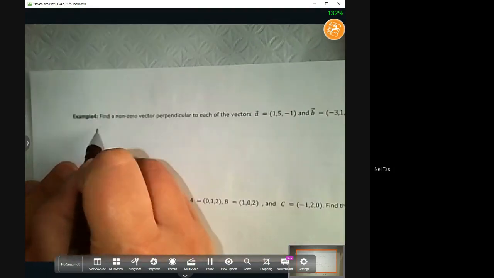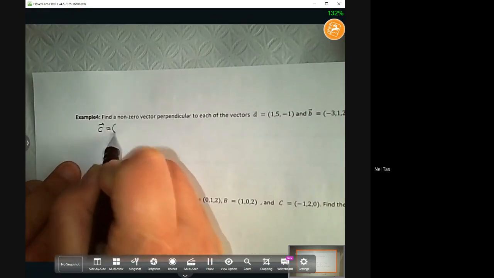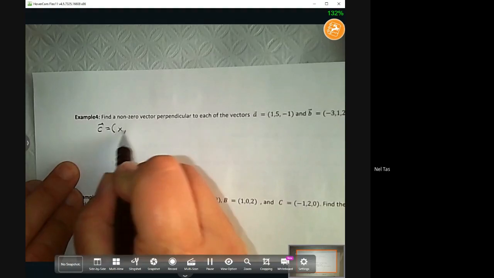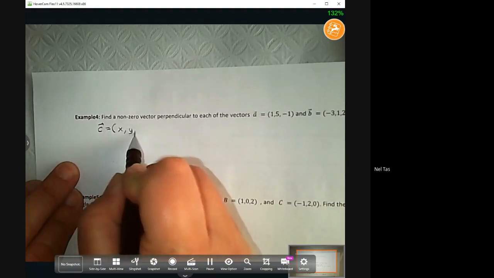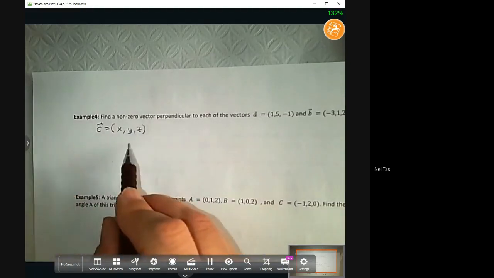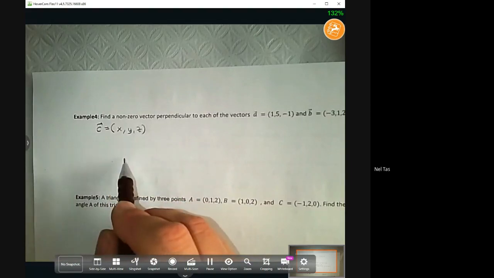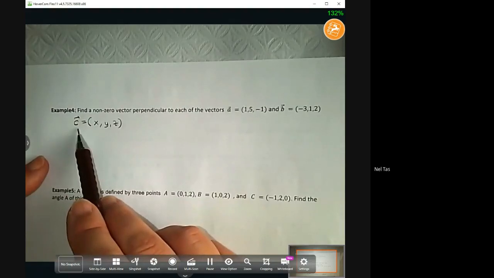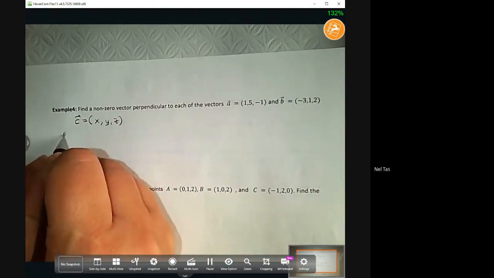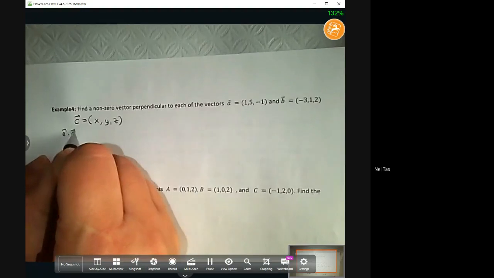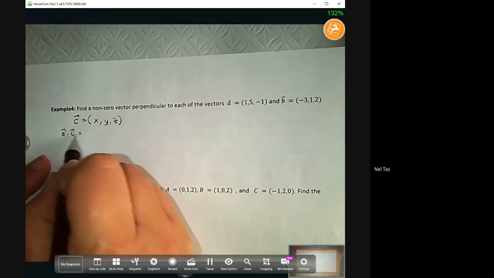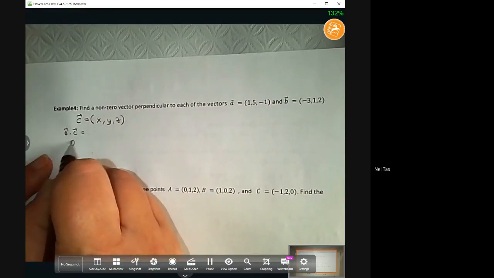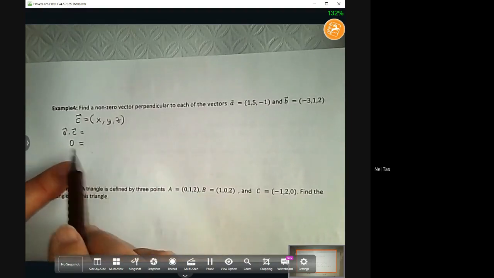Let's call that vector C. Since we don't know the coordinates, I'm just going to name the coordinates as x, y, and z, and we will try to find out what those coordinates are. So if A and C are perpendicular, then I expect that dot product of them being 0. So you want that product to be 0.